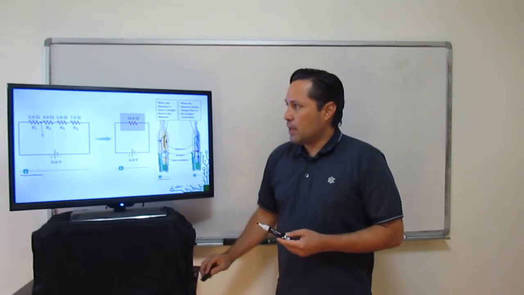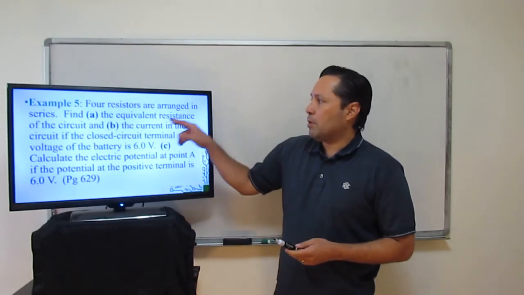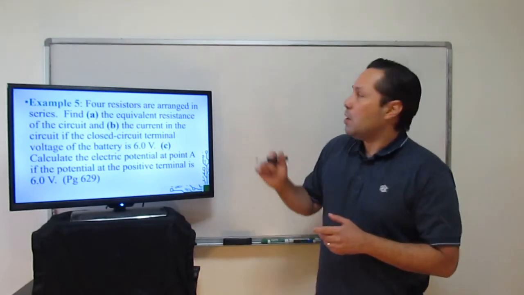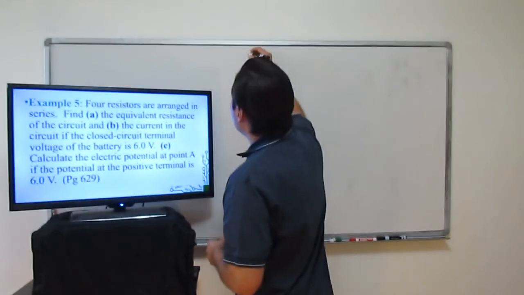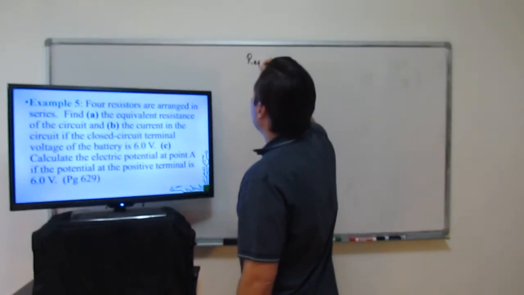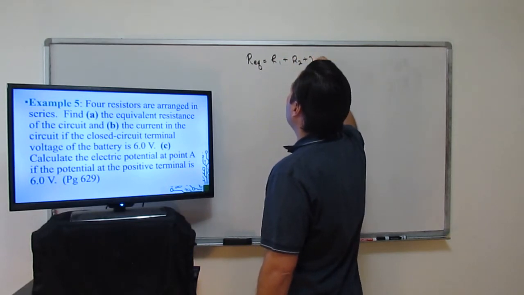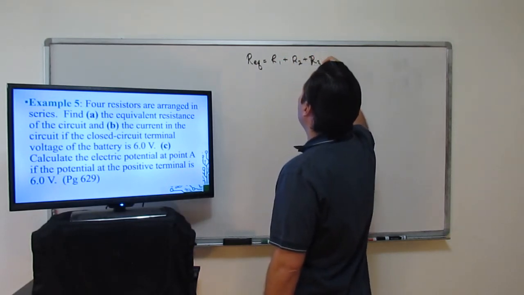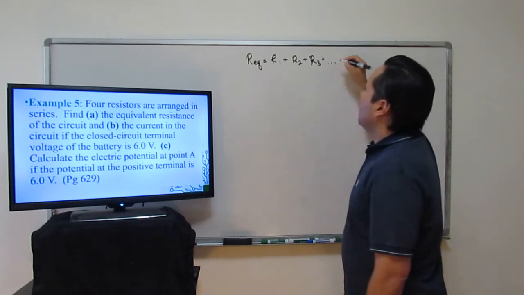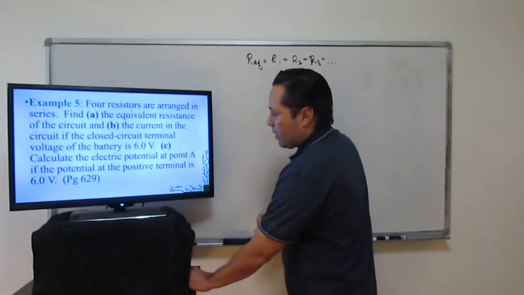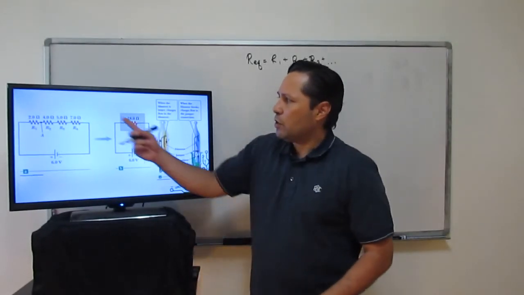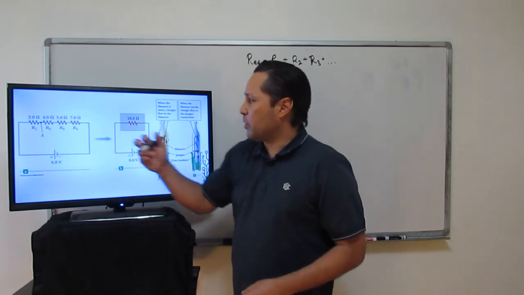They're going to ask us, part A, find the equivalent resistance for the circuit. For the equivalent resistance, all we got to do is add resistance 1 plus resistance 2 plus resistance 3, and so on. Going back to the diagram, we have 2 plus 4 plus 5 plus 7.